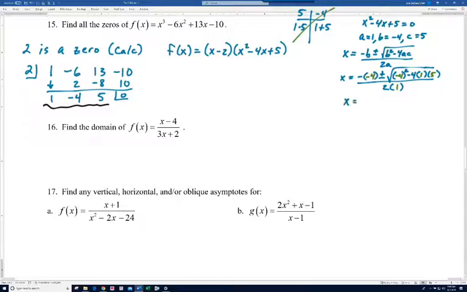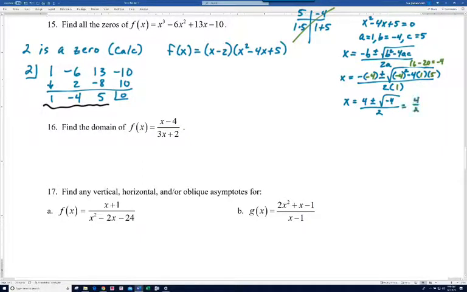So this will be x equals, minus minus 4 becomes 4, plus or minus. Now inside the square root, we've got negative 4 squared, that's 16. Minus 4 times 1 times 5, that'll be minus 20. So you should get negative 4 there. And so this is the square root of negative 4, and that's over 2. Now let's break this into two fractions.